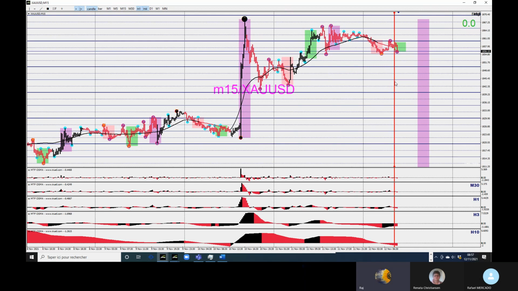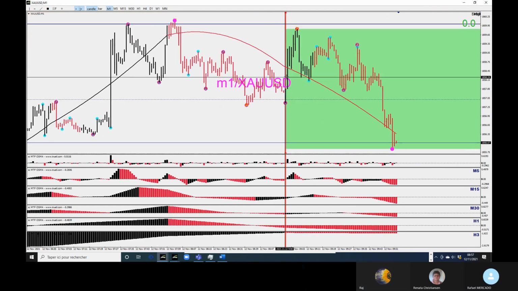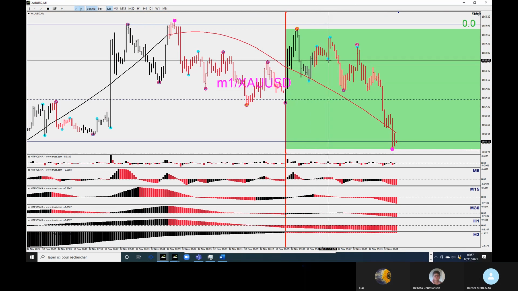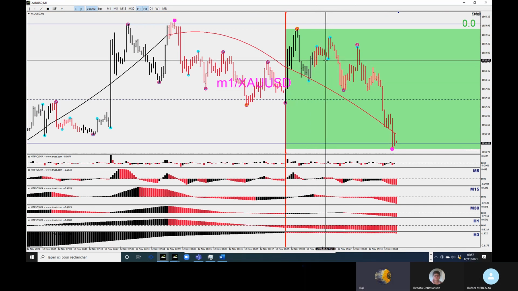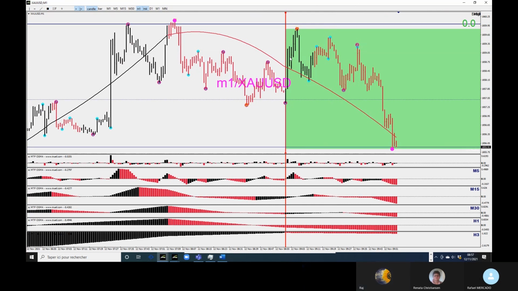Now drop it to the 1 minute. Where does everything match up? After the 1-ball retracement. Right there. Move your red line to that bar.